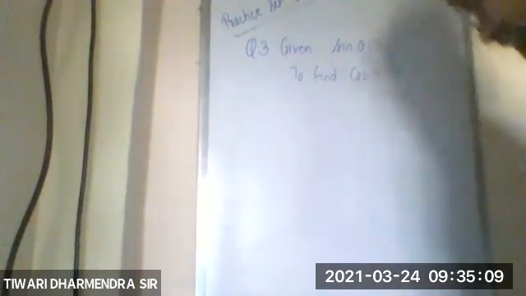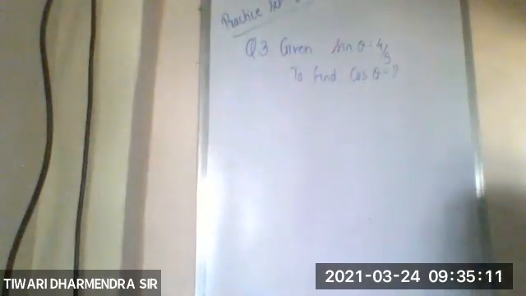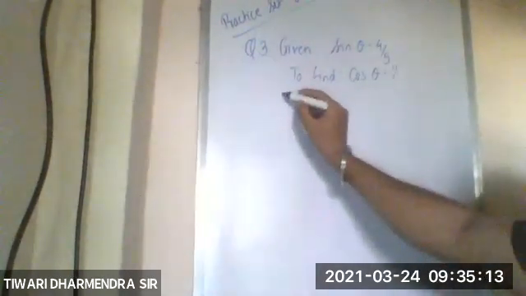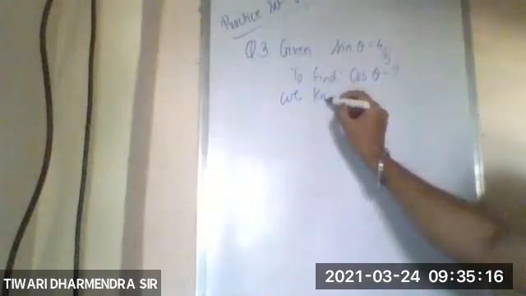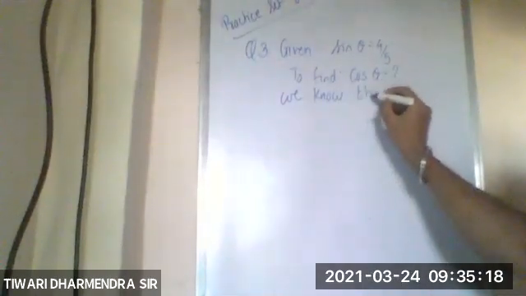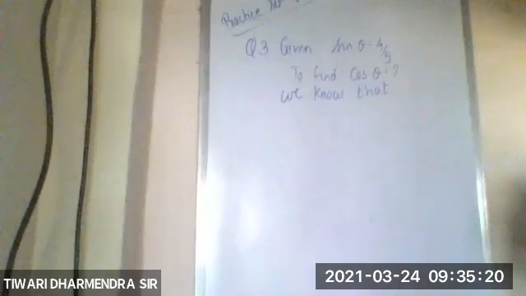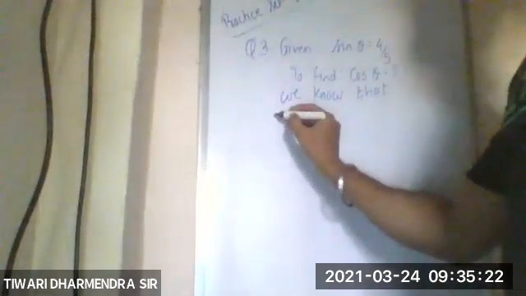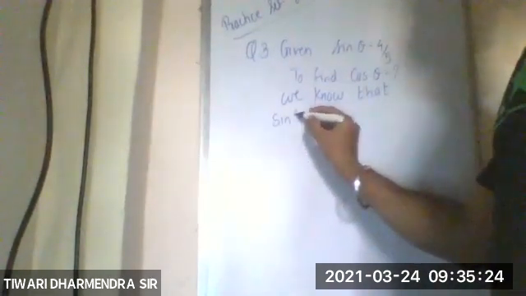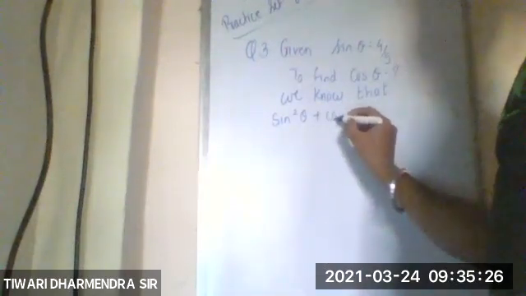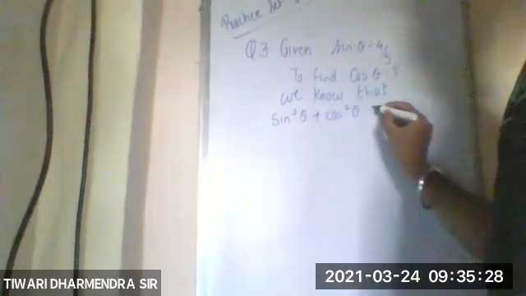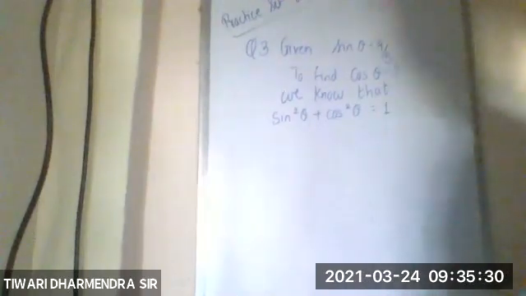So we will use the relation. We know that sine square theta plus cos square theta is equal to 1.